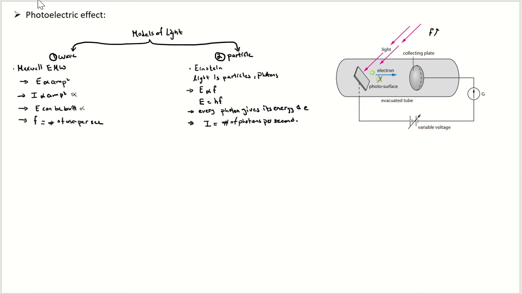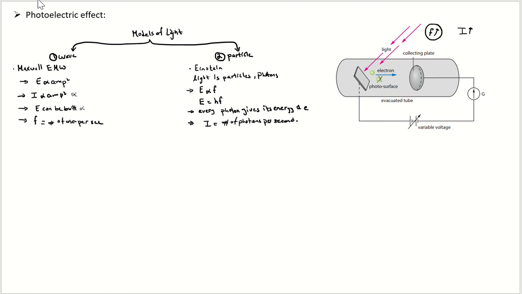The third thing is that, let's say at this frequency where the electron is being knocked off, I increase the intensity. After increasing the intensity, the number of electrons emitted will be more, knowing that they will all be emitted with the same energy.